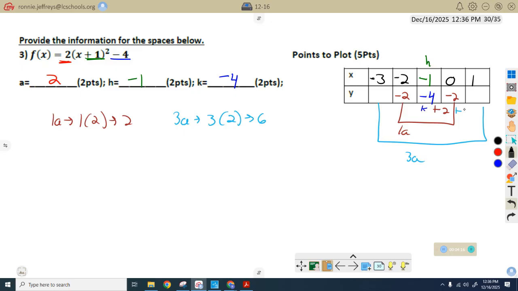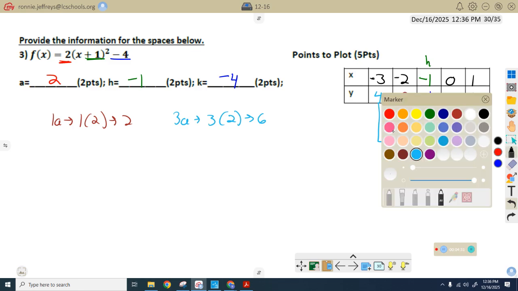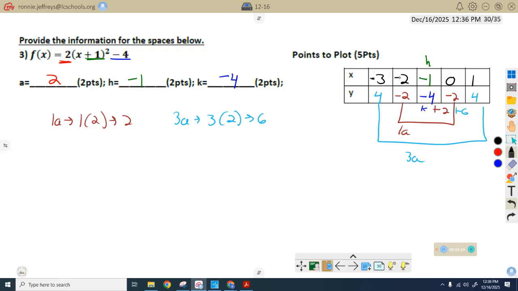So I'm going to add 6 and get 4 here. Now, this whole chart is 5 points each. That means each one of these boxes is 1/2. Usually what people miss the most are the Y's on the bottom with the 1A and 3A. So you have to miss 2 things to miss a whole point.